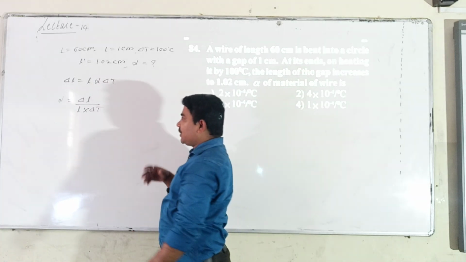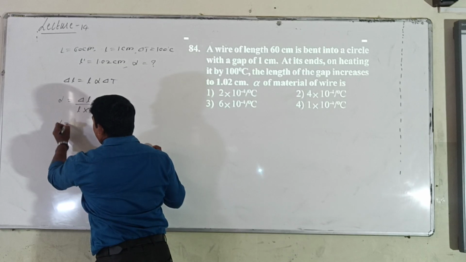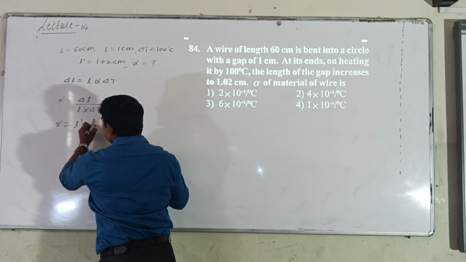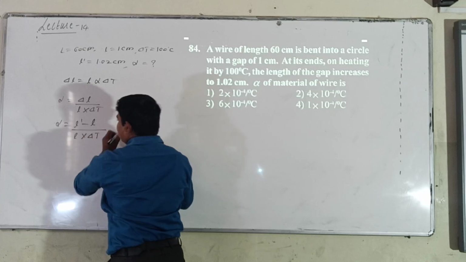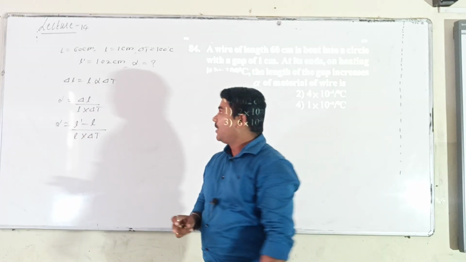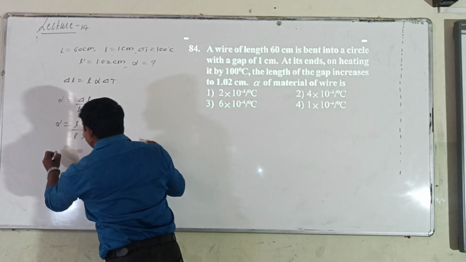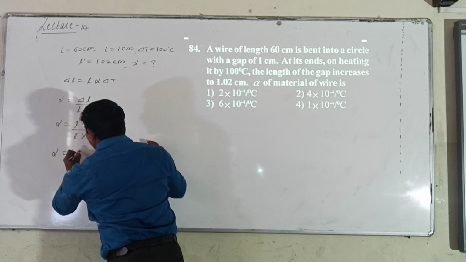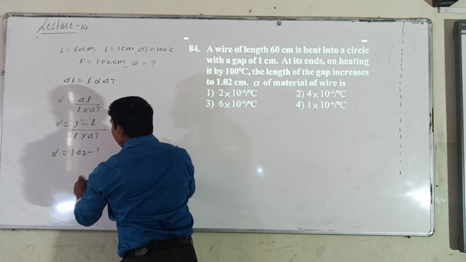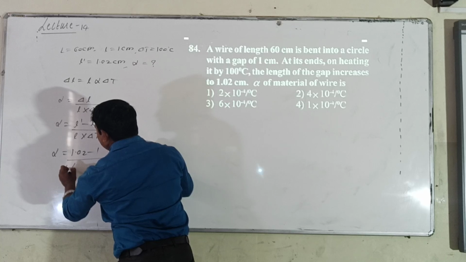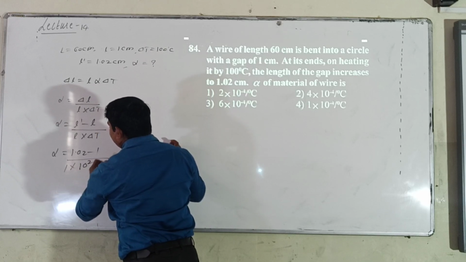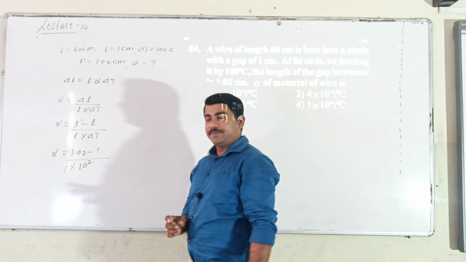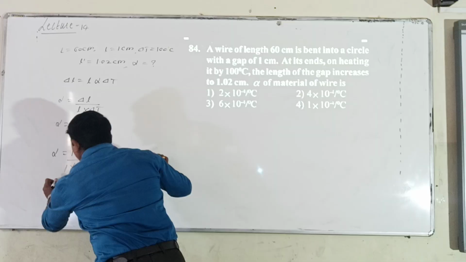Final length minus initial length, divided by initial length into change in temperature delta t. Final length means 1.02, initial means 1 centimeter, into 1 centimeter. Delta t how much? 100, that is 10 raised to 2. Calculate this value. What value are you getting?